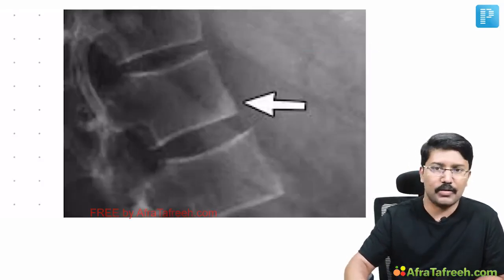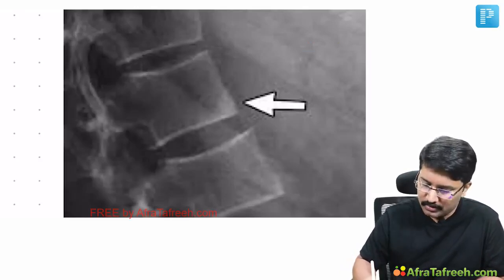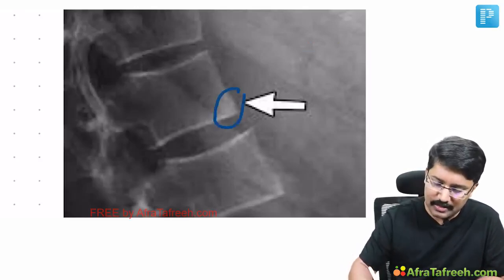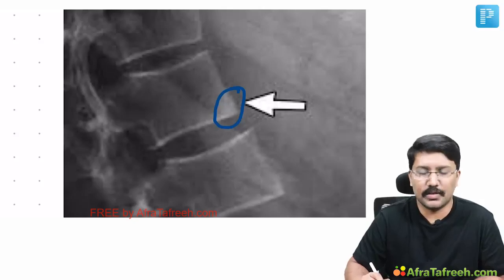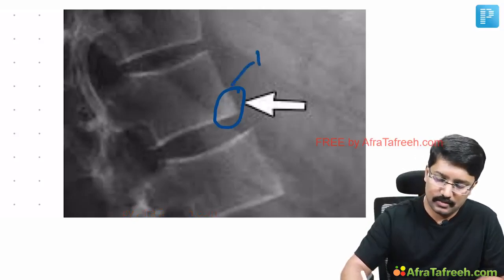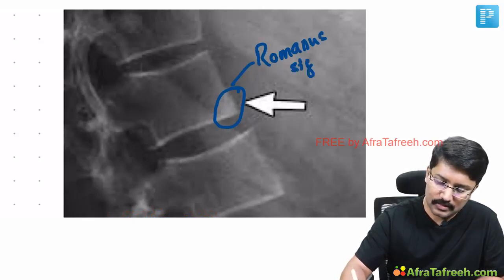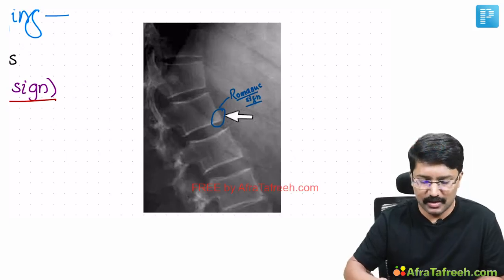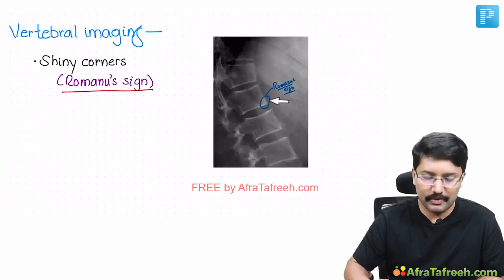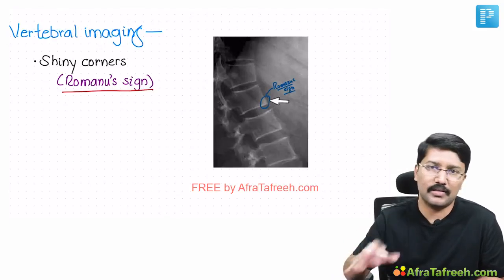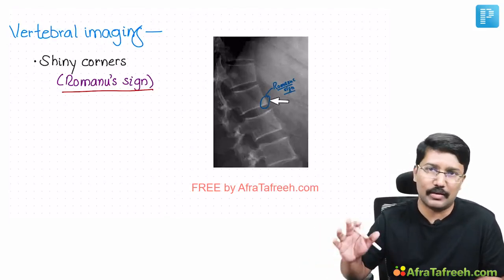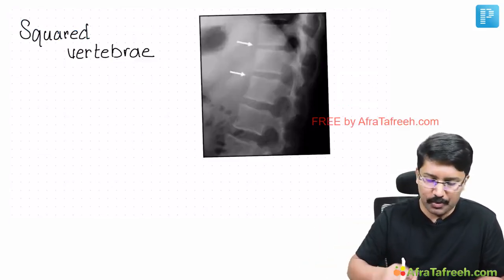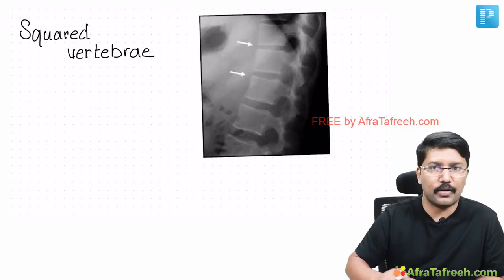If you look at this image, you can appreciate the corners are kind of shiny, right? This is what is known as the Romanus sign. So this is one of the named signs that can be asked as an MCQ: Romanus sign or shiny corner sign on vertebral X-ray or CT is seen in which of the following conditions? Ankylosing spondylitis.